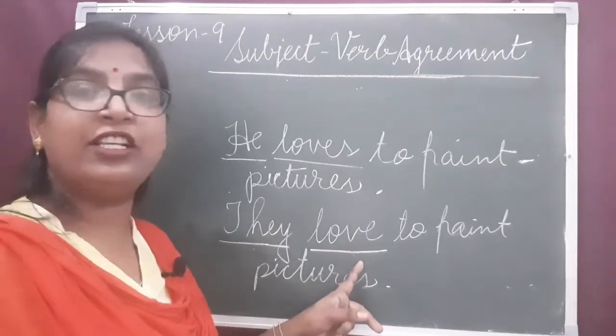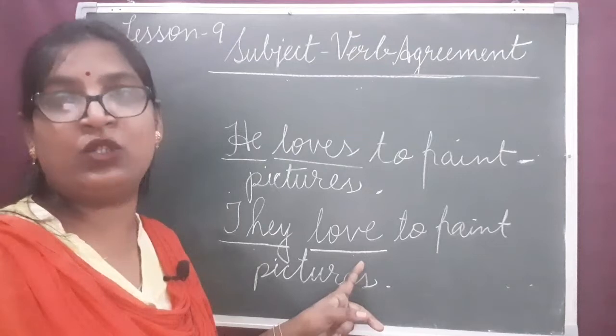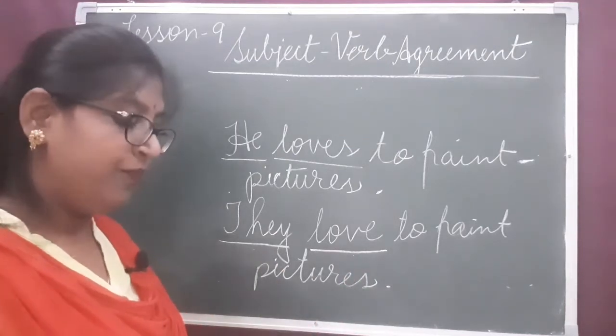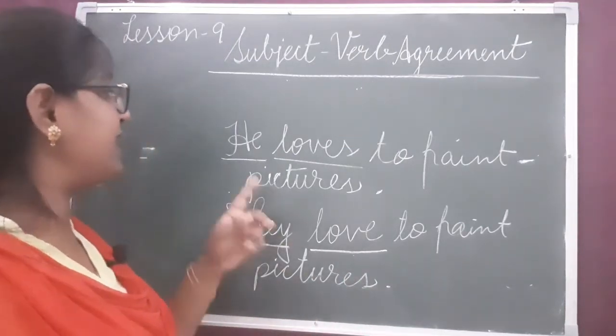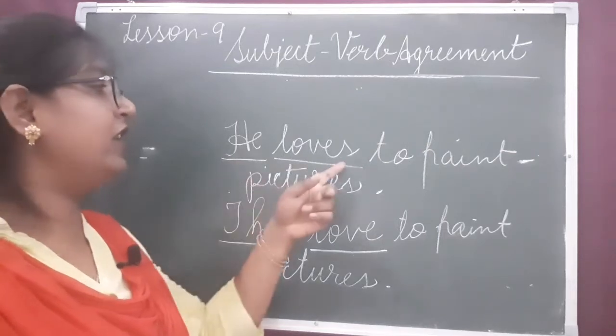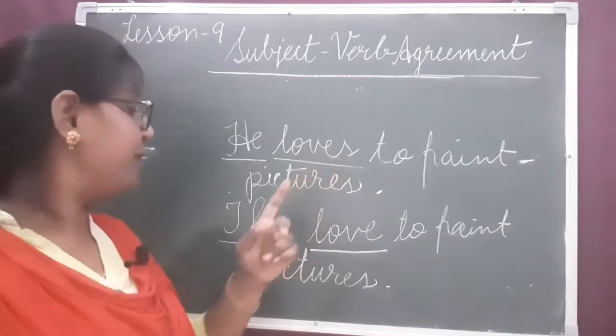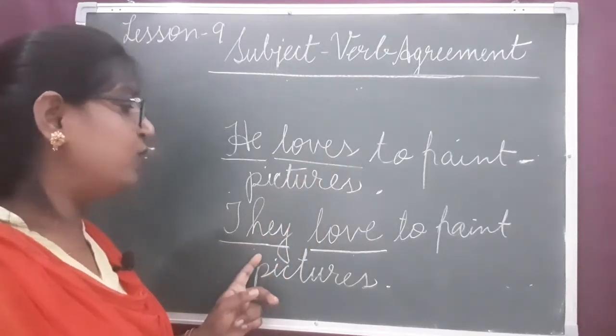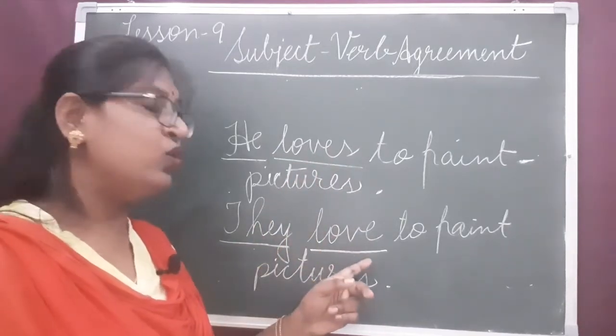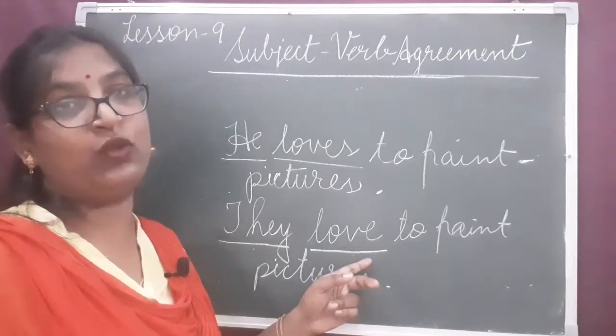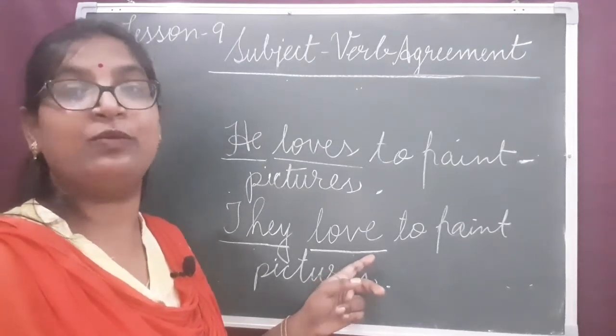So the verb is used in its base form. Always remember, in simple present tense, when the subject is singular, we add s or es to the verb. And when the subject is plural in number, we do not add s or es, but we use the verb in its base form.